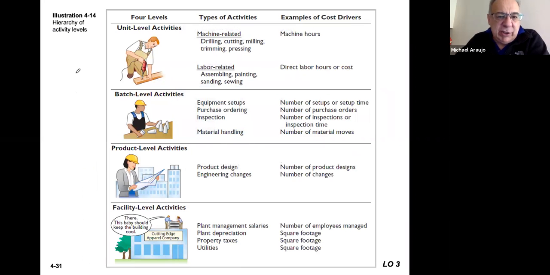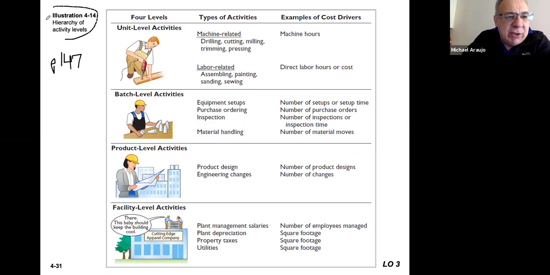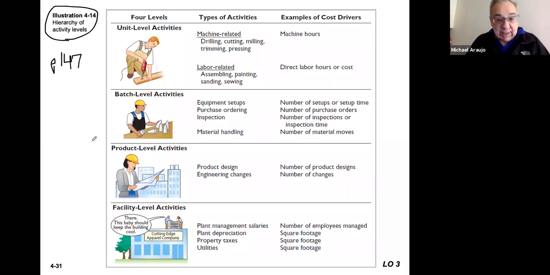There's a nice little illustration of it here in your book. If you have your book, it's on page 147 in the physical book, okay? And it's a lovely illustration, not that you'd want to print it out and post it in your room or something like this, but it does help you to identify what is a unit level activity versus what is a batch level activity versus what's a product level activity versus what's a facility level activity.